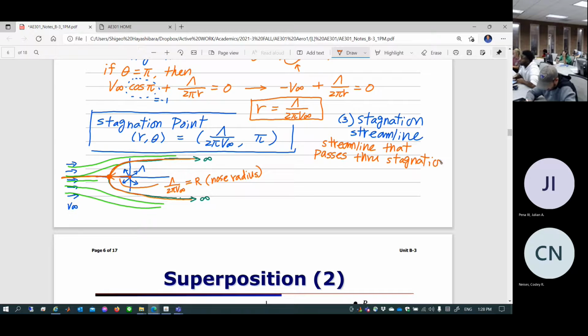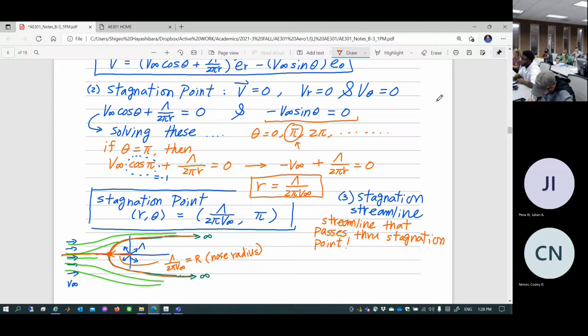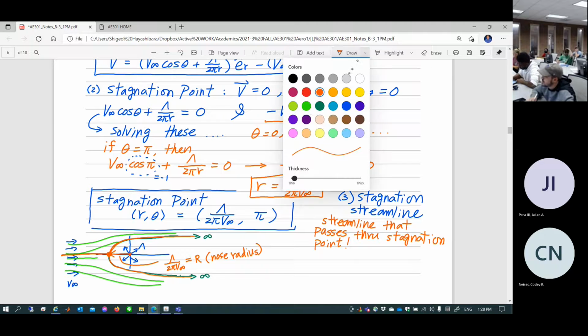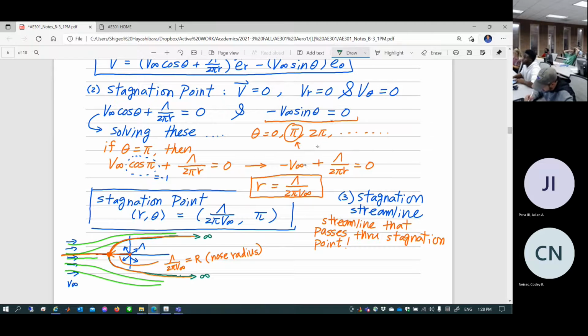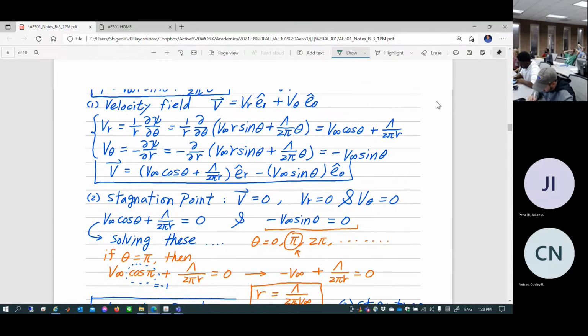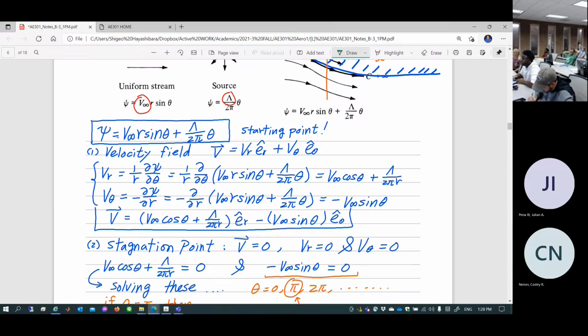How do you get that kind of equation? Anybody? Plug in your stagnation point into your streamline function. Oh, that's very good. How do you know such a thing? It was literally part of the homework. That's right. I appreciate that understanding. That's important. So you are going to go all the way back to the original equation of the stream function, plug in r and theta of the stagnation point, then determine what constant comes up.